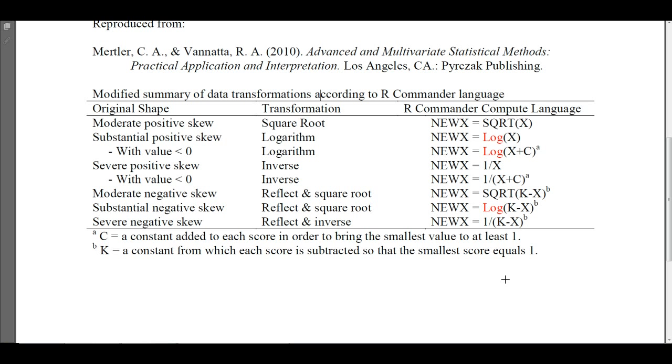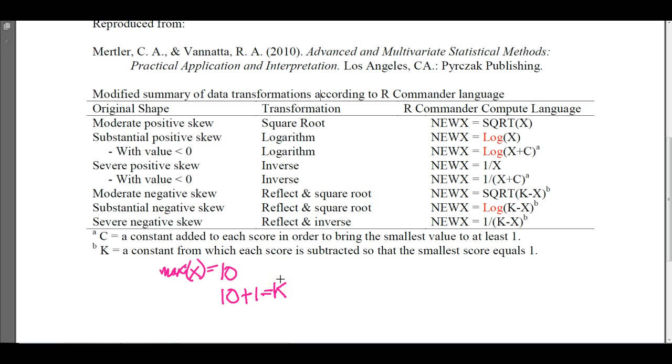So what that means is that you usually take the largest score, or the max of x, plus 1. So if the maximum score in the distribution is, say, 10, max x equals 10, then you add 10 plus 1, which will give you your k constant.